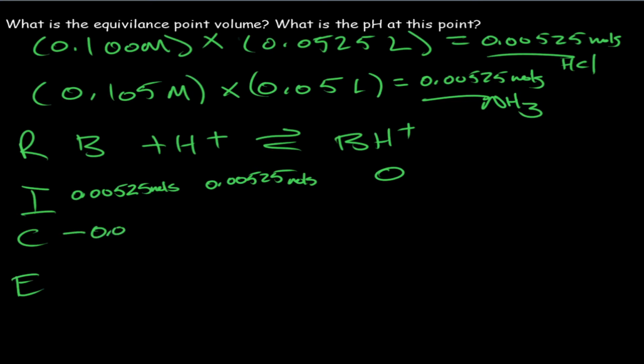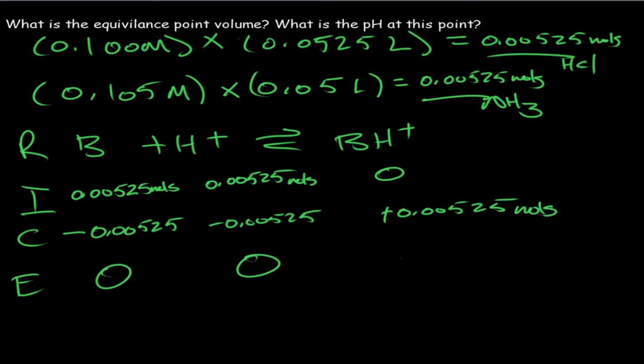All of the base and the strong acid would react, and they would create our conjugate acid. So our equilibrium value is just 0.00525 moles of BH plus, which is our ammonium ion.